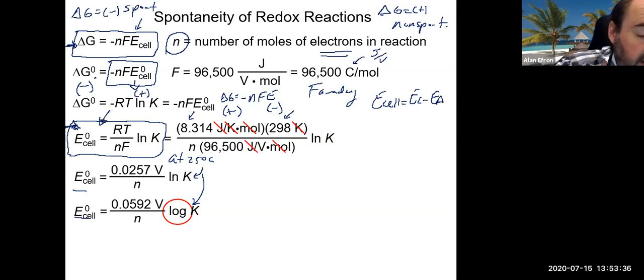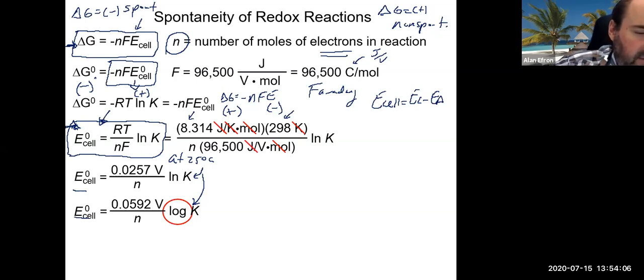So you could just plug in all the numbers, even at 25 degrees Celsius, and you'll be fine. I will say that depending on which version of the equation you use, the one in the box or one of the two bottom ones, you may get a slightly different answer. Usually that difference comes in the number part. If there's an exponent, usually the exponent is good, but the number might be slightly off depending on rounding.